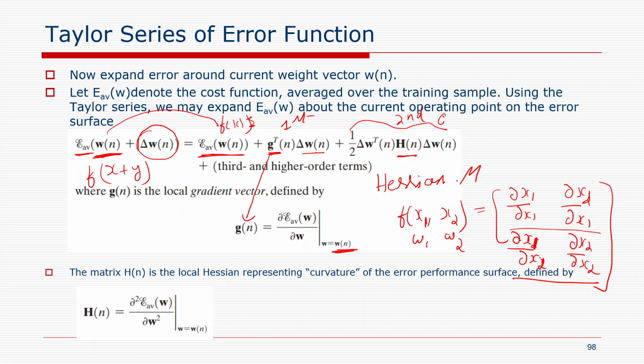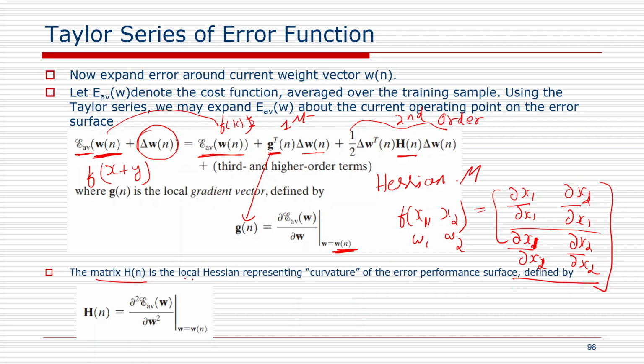When we go with the second order term in our Taylor series, this becomes a Hessian matrix because more than one weight value will be there, and we have to find all of them. Therefore, we give the Hessian matrix here.